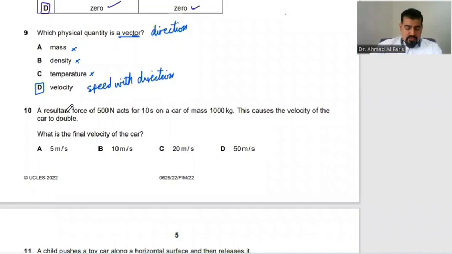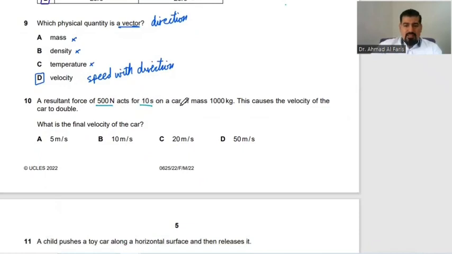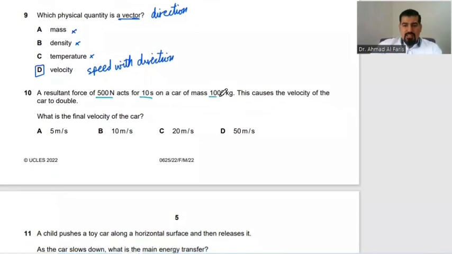Question number 10. A resultant force of 500 Newton acts for 10 seconds on a car of mass 1,000 kilogram. This causes the velocity of the car to double. What is the final velocity of the car?